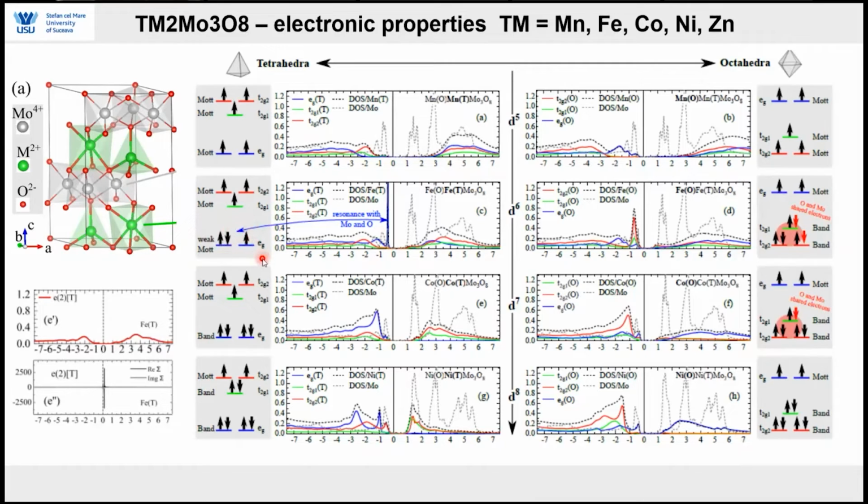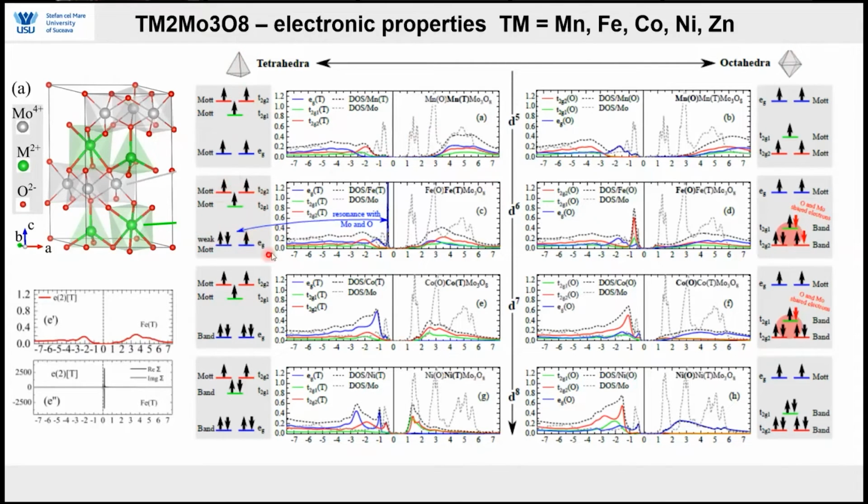Now, where is the orbital selectivity here? The orbital selectivity in this class of materials comes from the fact that in manganese, all the orbitals are Mott on the tetrahedral side, Mott on the octahedral side. I'm going to iron on the tetrahedra. These states are Mott.